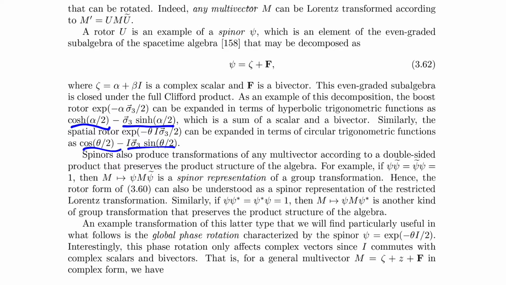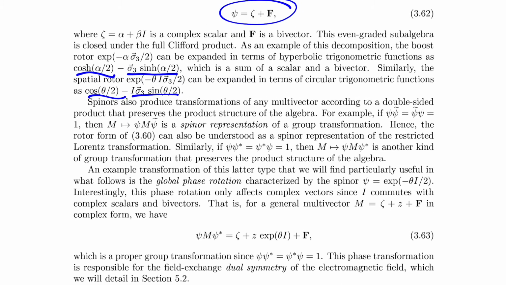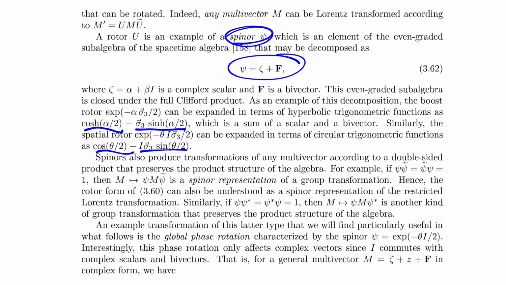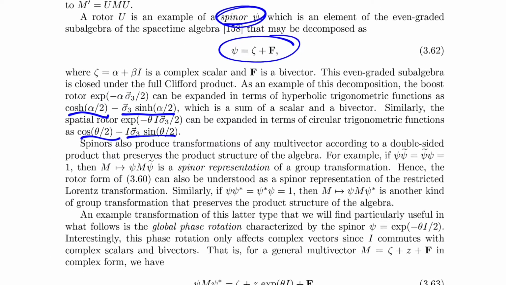Okay, but look, I want to know what this connection is between a spinor and this even-graded subalgebra. And so that is our next subject of diversion, because if you read the rest of this paragraph, it doesn't really bubble up. And now all of a sudden we've got this word spinor floating around. We need to understand the connection. What is the connection between this, and is that relevant to quantum mechanics?